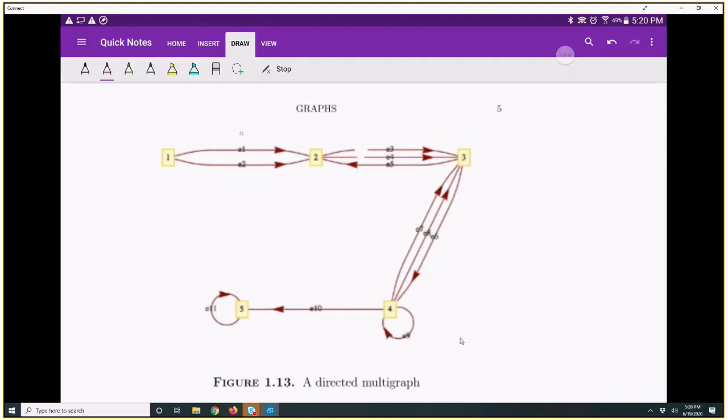This is e1, this is e2, e3, e4, e5, and so on. In giving these edges names and then using the names, we no longer have any ambiguity about which edge we're talking about. Whereas if we just gave the initial vertex and the terminal vertex, it wouldn't be clear.